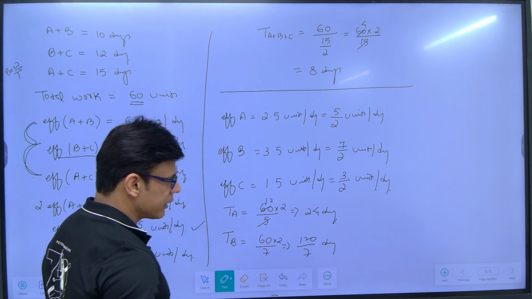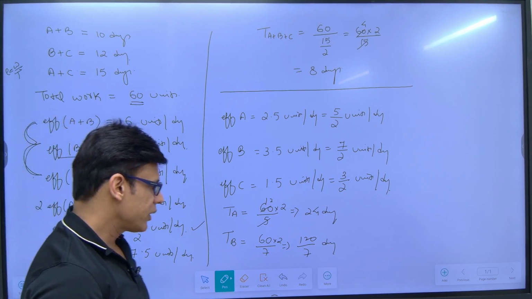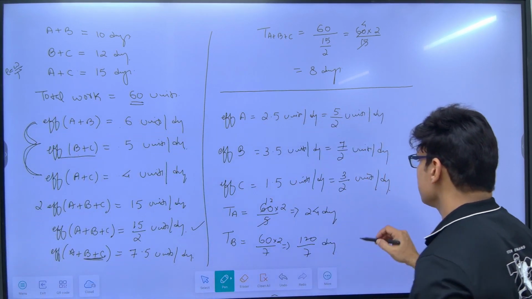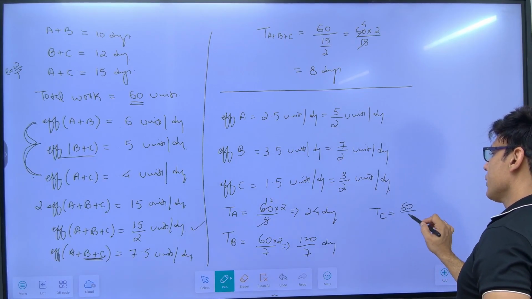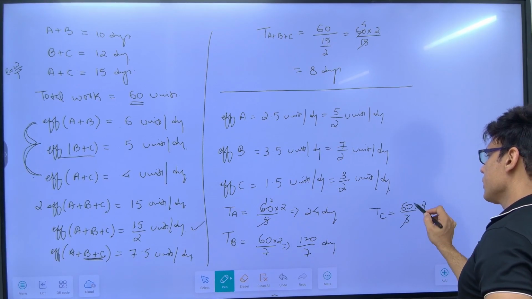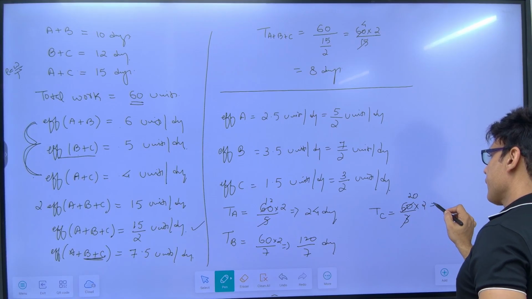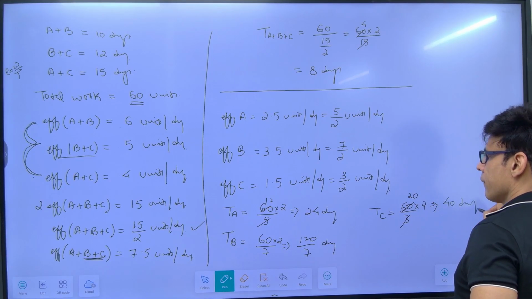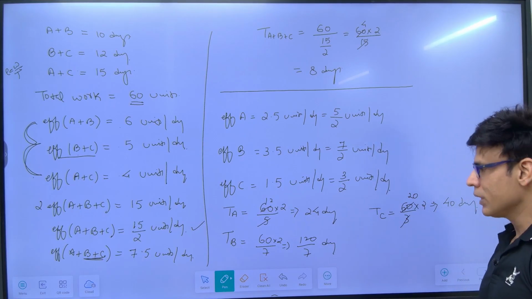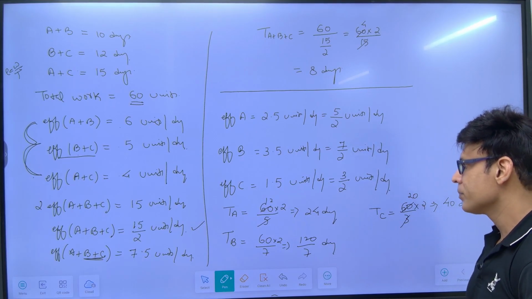It cannot be cancelled. And the time taken by C? 60 divided by 3 by 2. How much? 40 days. Individually, they will take how much time?